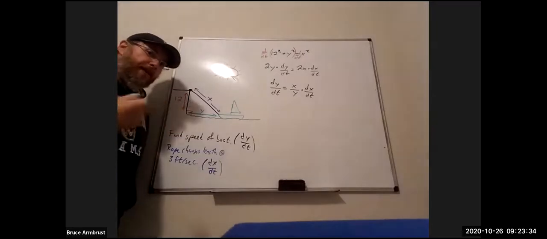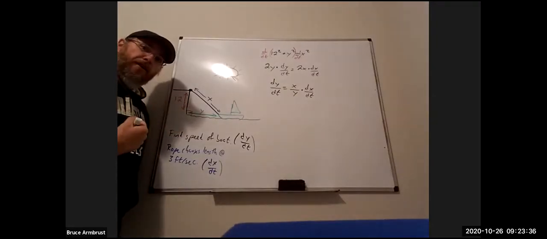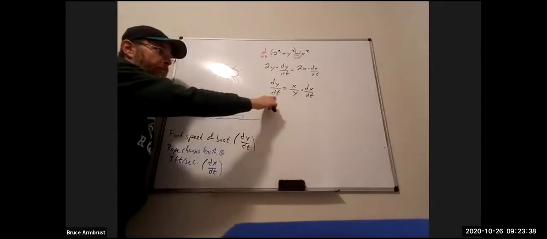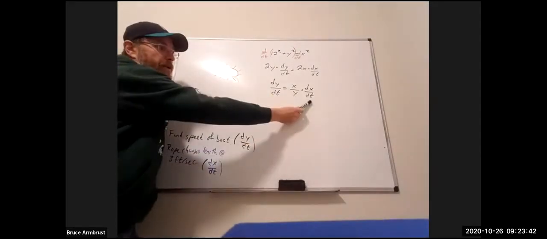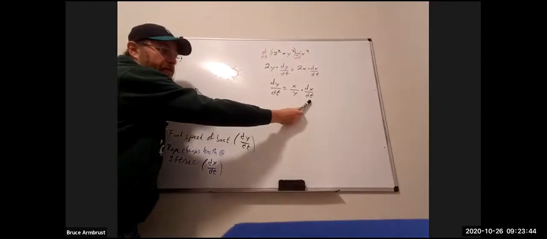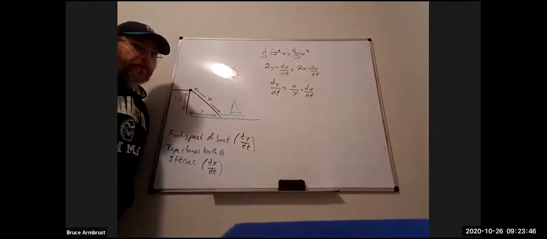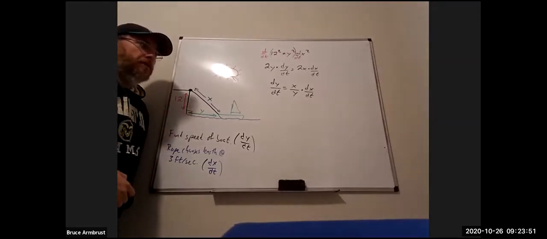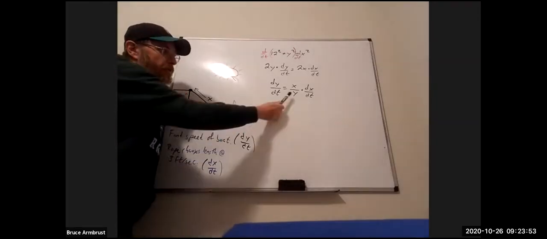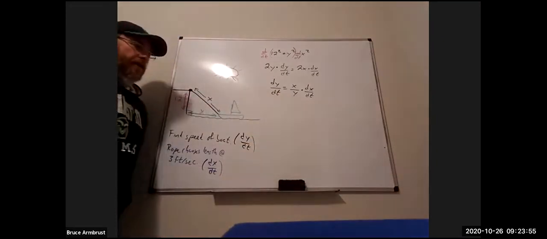If we start pulling in that rope faster, my boat is going to speed up. If I slow down how quickly I'm pulling it in, my boat's going to slow down. It also, though, depends on x and y.